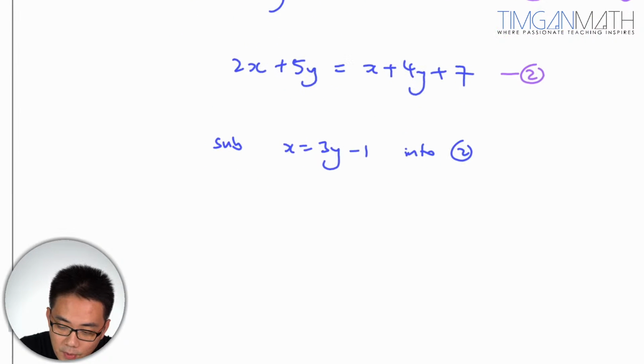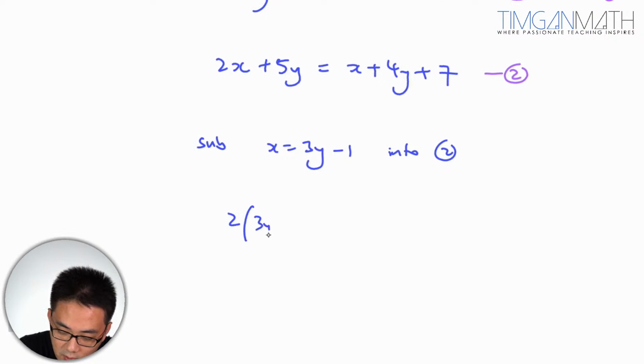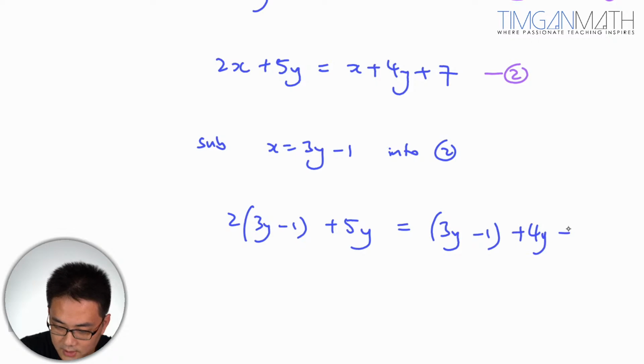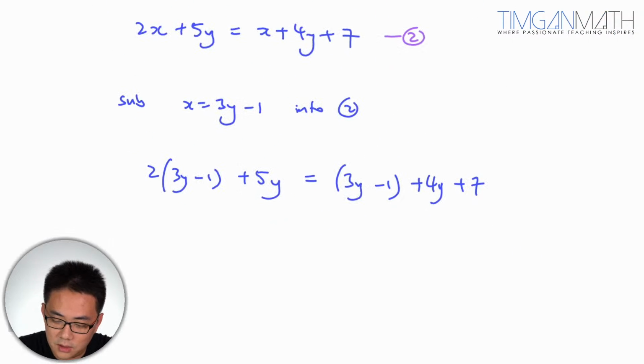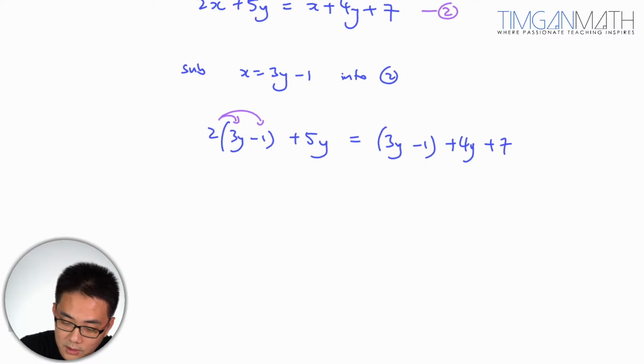Okay, in this case, once you do that you get 2 times (3y minus 1) plus 5y equals 3y minus 1 plus 4y plus 7. Great. Then after which we are going to just expand this in, and there you go. We could just solve for our y. Just be very careful.